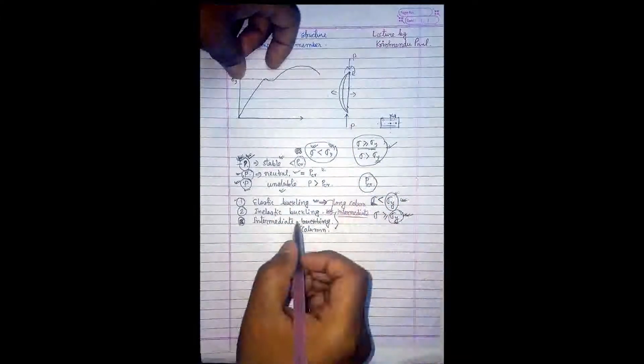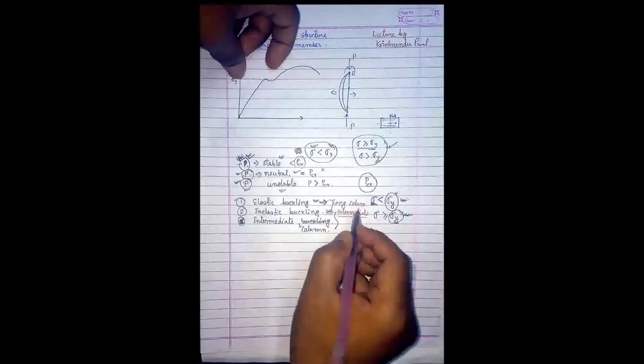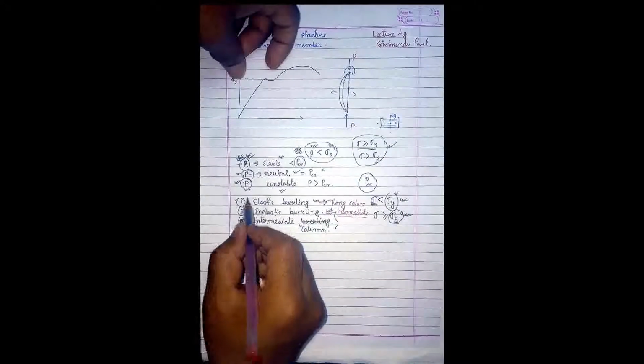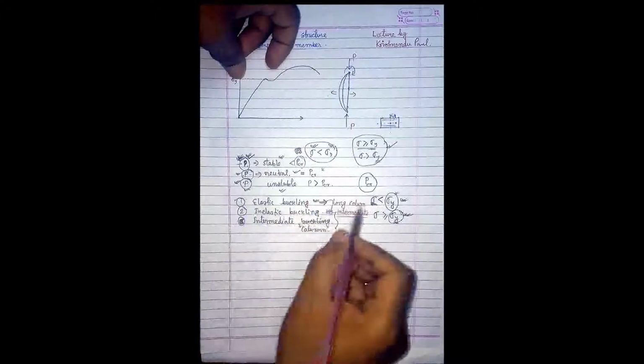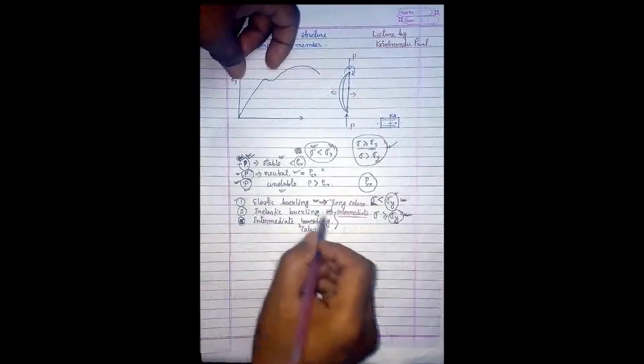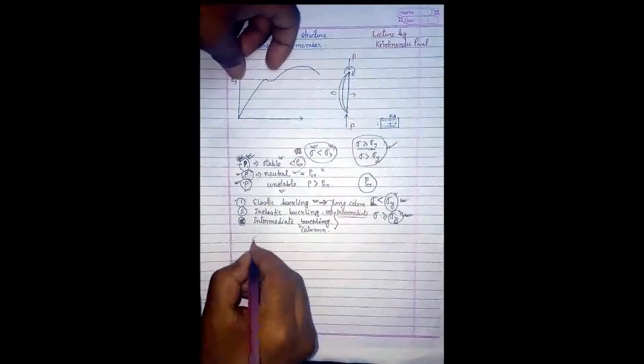So this is called inelastic buckling. Elastic buckling is seen in long columns, and inelastic buckling is seen in intermediate columns. So what about the short column?